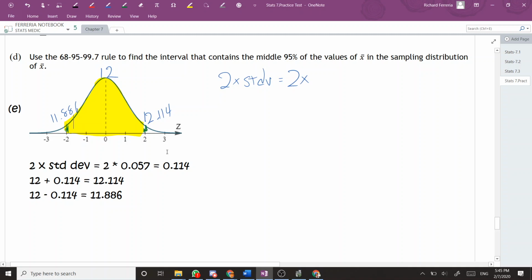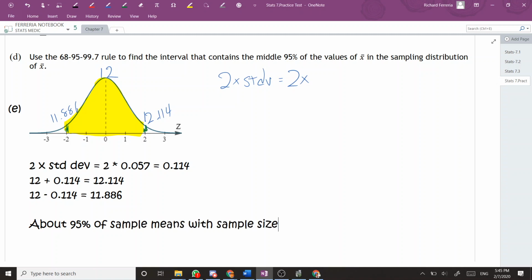So about 95% of sample means for a sample size of 50 will have a sample mean between 12.114 and, no, I got that backwards, 11.886 and 12.114 ounces.